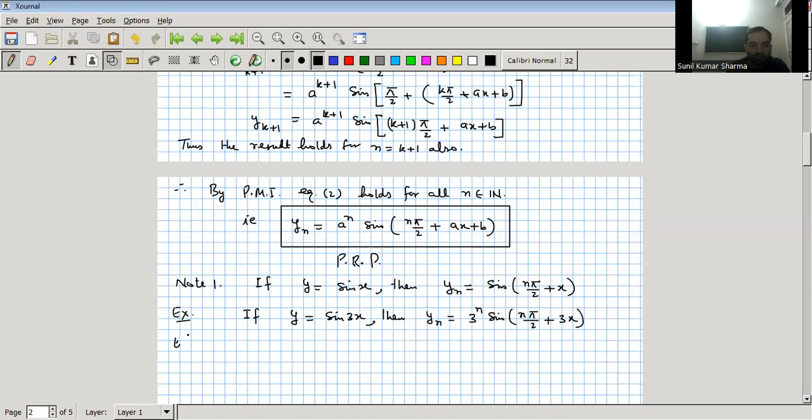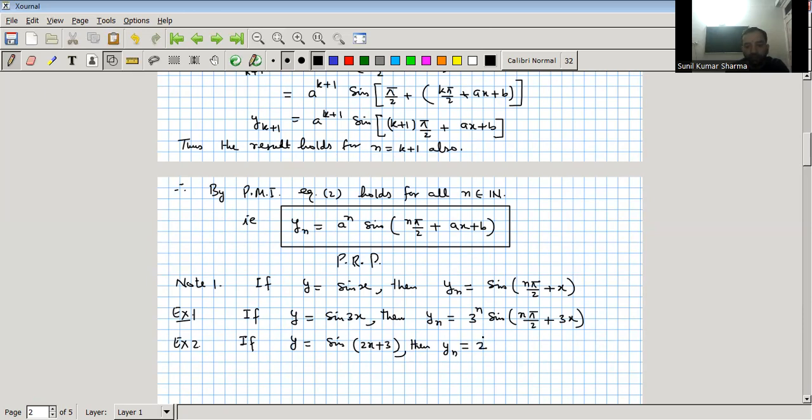Let us discuss one more exercise, exercise 2. If y is equal to sin 2x plus 3, then what is y_n? Here a equal to 2, b equal to 3.